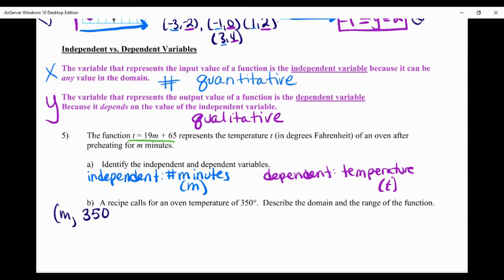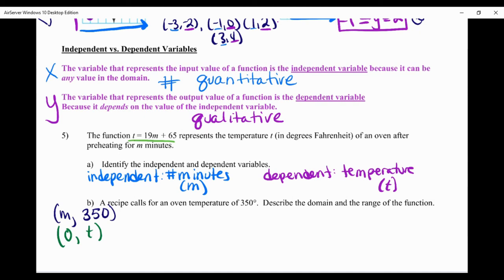And then we also need to find the temperature at 0 minutes. Okay, so we need to find these two missing values so we can describe the domain and range. We can describe the maximum number of minutes, and then we can also describe the minimum temperature.